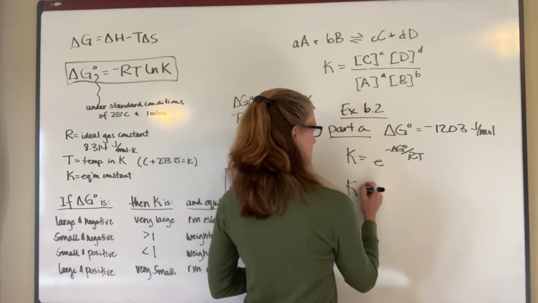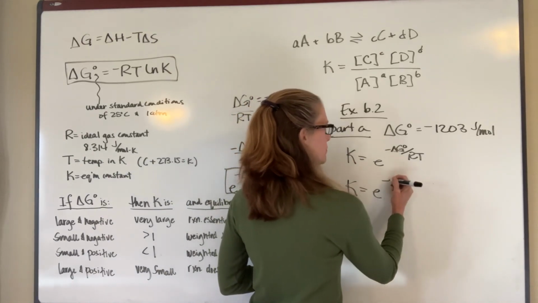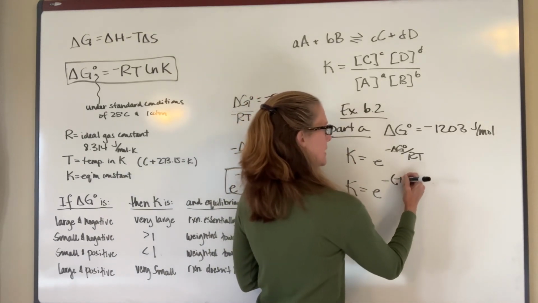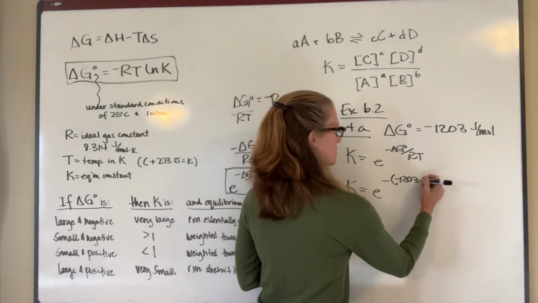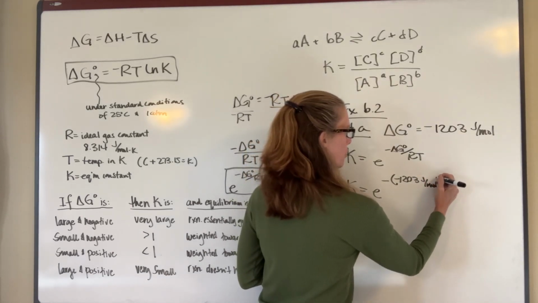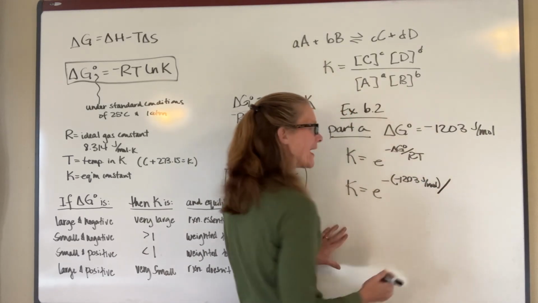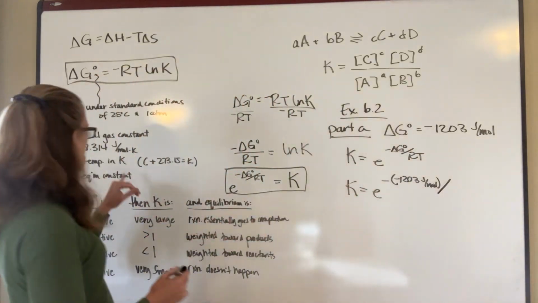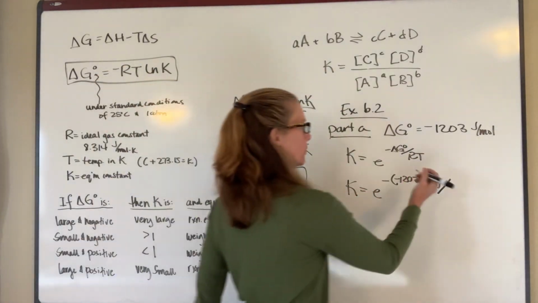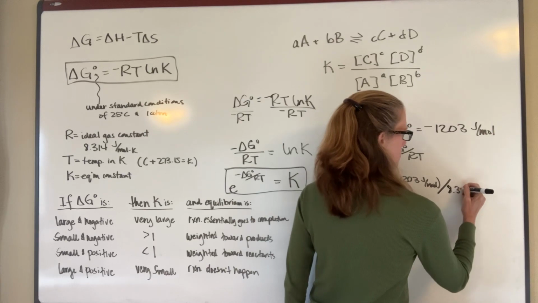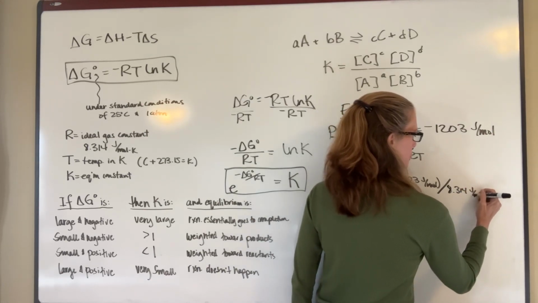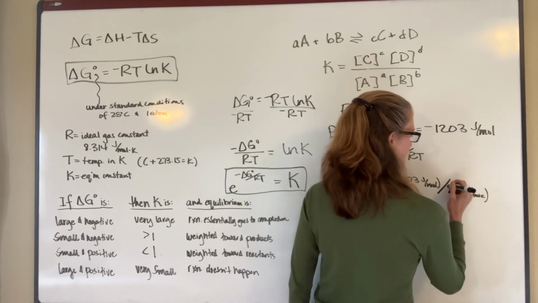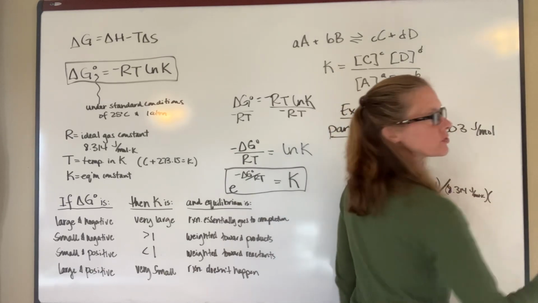So K equals e to the negative 1203 joules per mole divided by R, which we said was 8.314 joules per mole Kelvin, times the temperature.